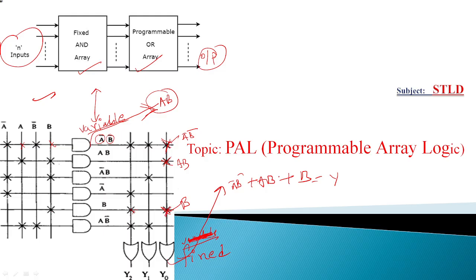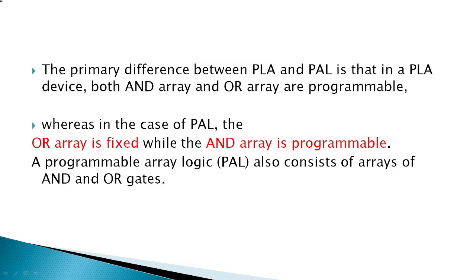So this is about Programmable Array Logic. You can say this is the difference: the OR array is fixed in PAL, and the AND array is programmable in PAL. But if you go for PLA, Programmable Logic Array, both the AND array and the OR array are programmable.